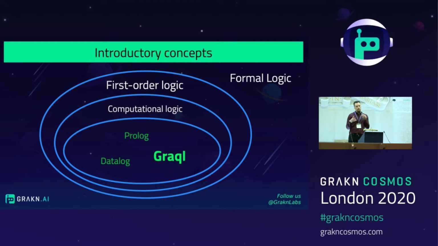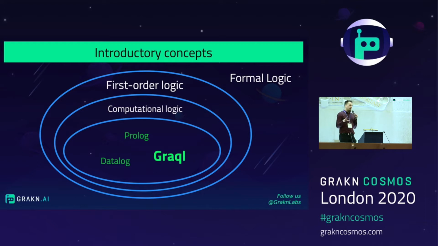You can view the Graql query language as a modern implementation of Datalog, adapted to graph databases. So our immediate neighbors, technologies that are similar or that we draw inspiration from, are Datalog, which is a subset of Prolog geared for databases, and Prolog itself, which is a programming language.